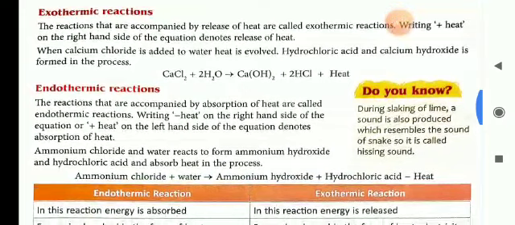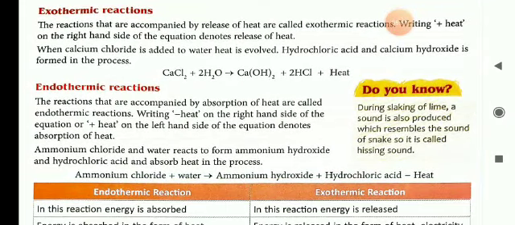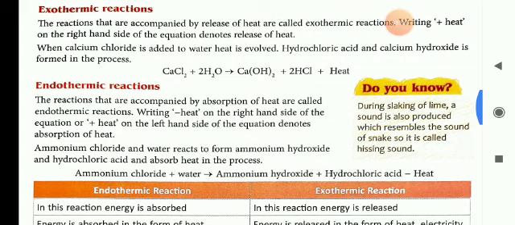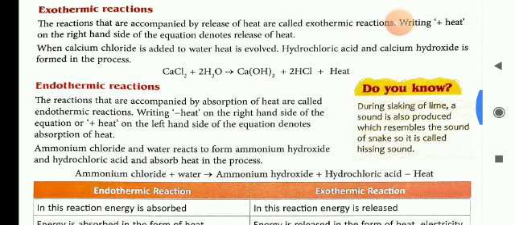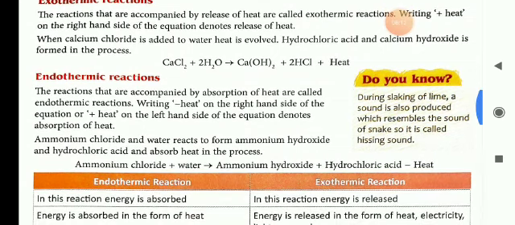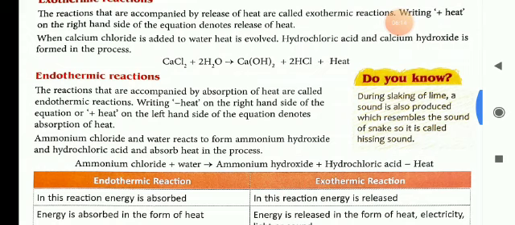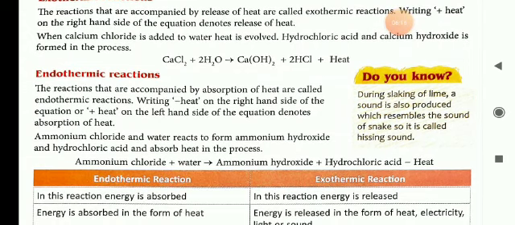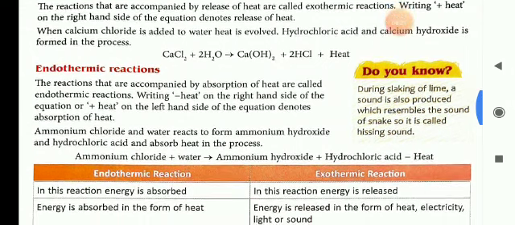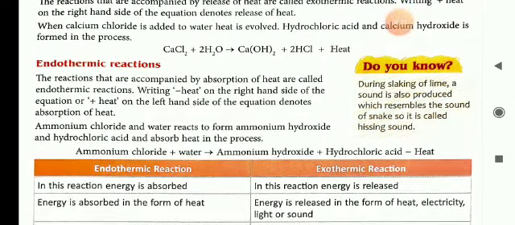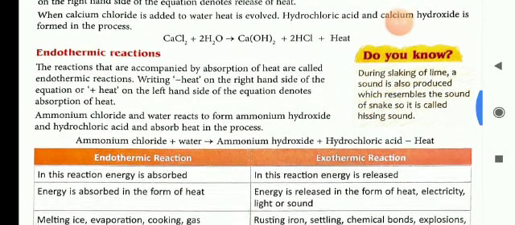And second is endothermic reaction. That means the reactions that are accompanied by absorption of heat are called endothermic reactions. Here we write minus heat on the right hand side of the equation. Either we can write on the product side minus heat or on the reactant side plus heat. Then this equation denotes the absorption of heat, and this is a type of endothermic reaction.